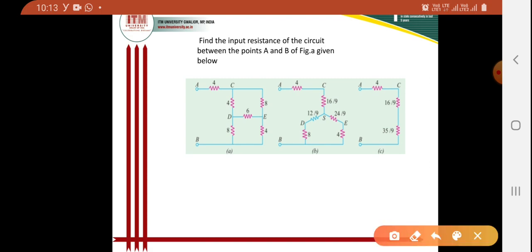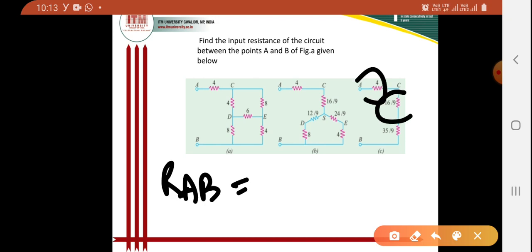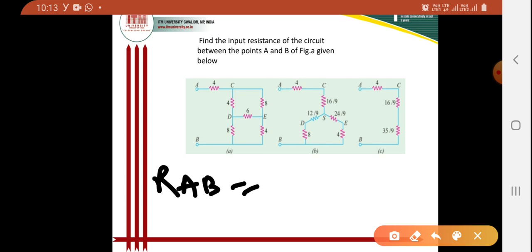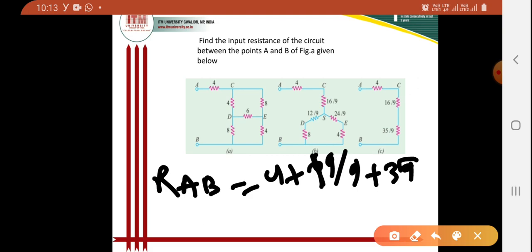So what am I doing here? When we write RAB, we have to add these three resistances, that is 4 plus 16 by 9 plus 35 by 9. So RAB will be 4 plus 16 by 9 plus 35 by 9.